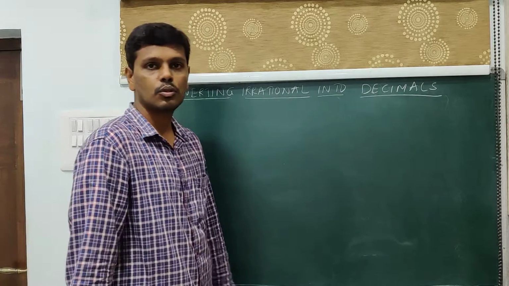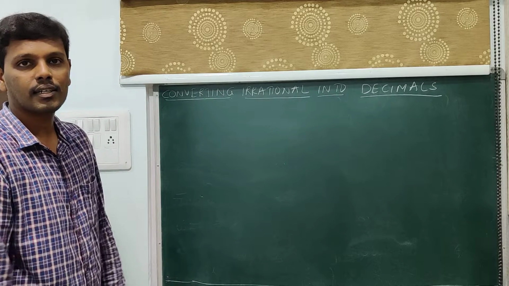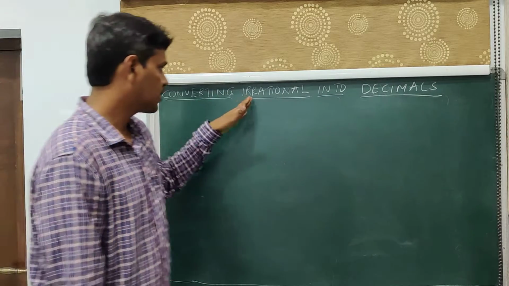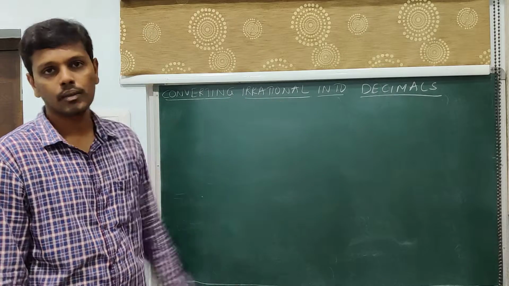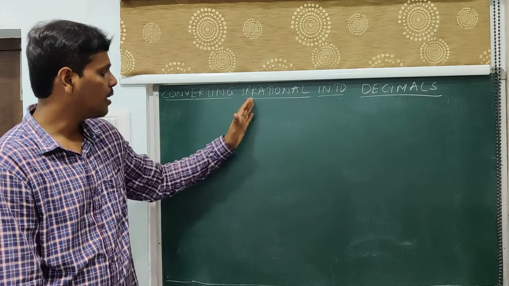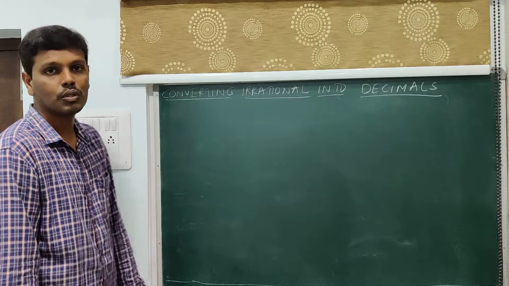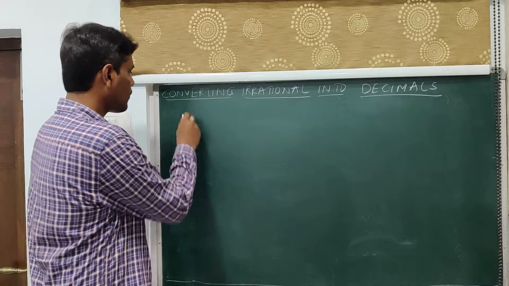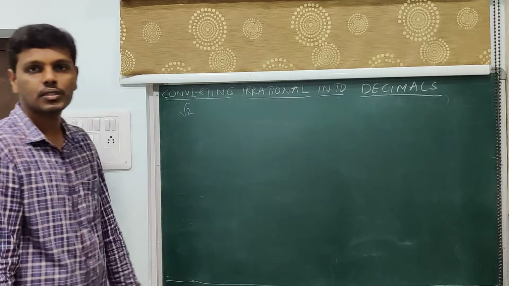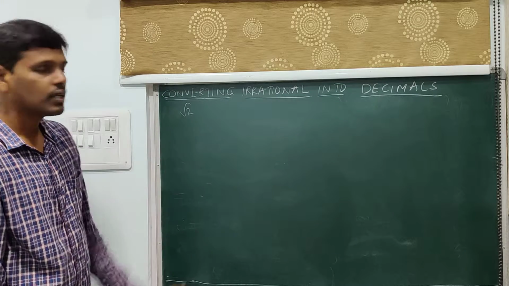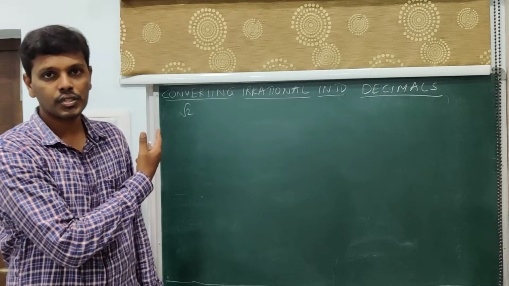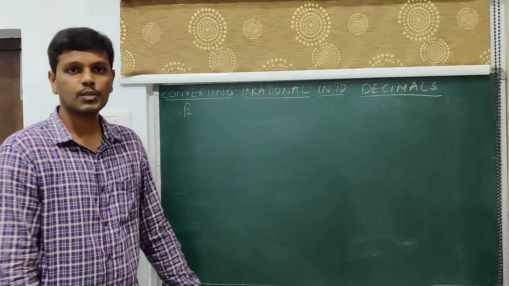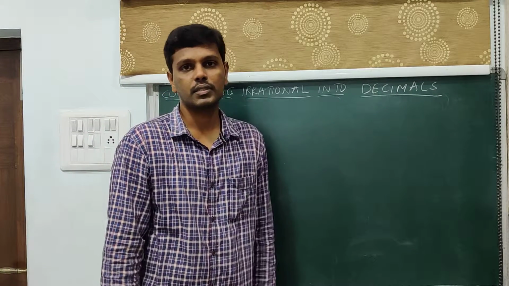Now, I will start with root 2, just like the way we started at the outset with root 2 for irrational numbers. I am also going with converting root 2 into the decimal expansion. So, root 2, this is your irrational number. My aim is to convert this irrational number into its decimal expansion up to 3 decimal places, say.